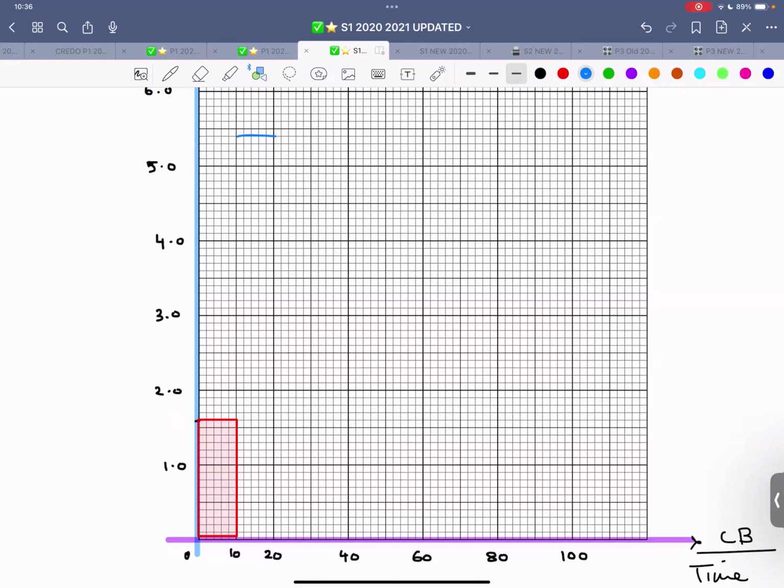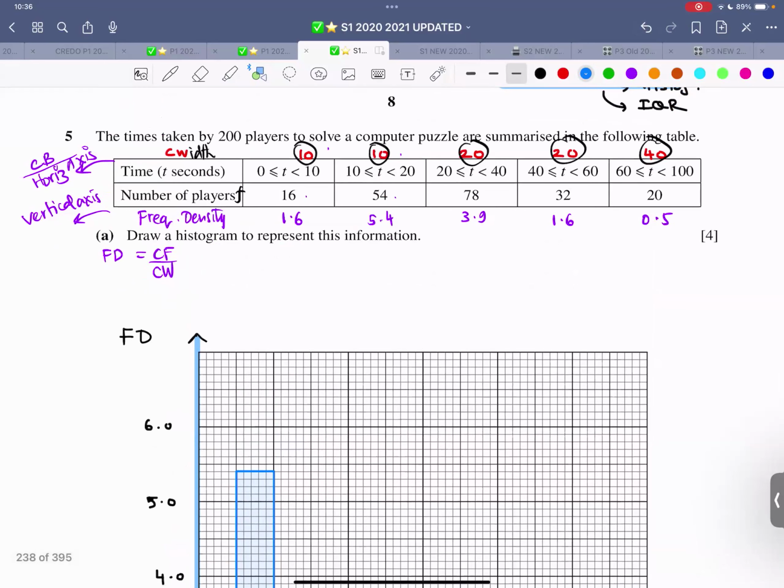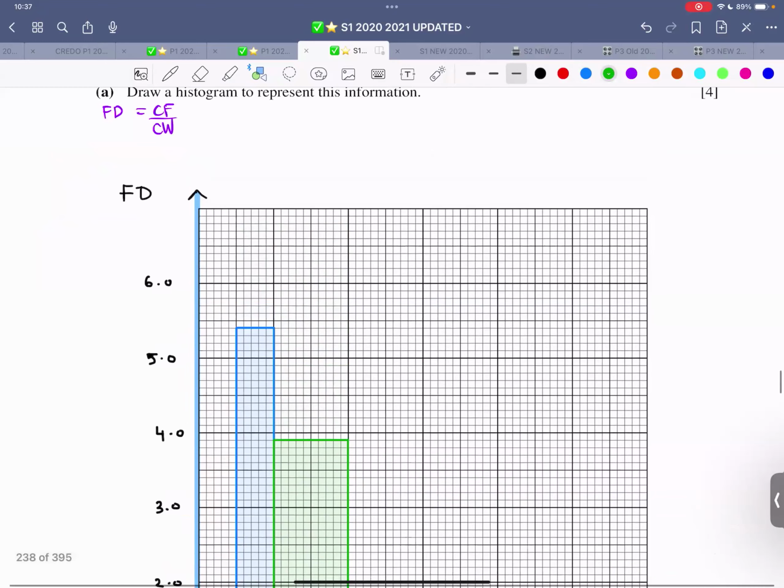Let's go all the way down. And keep in mind, I don't have a ruler. So that's how the second bar is drawn. Then we have 20 till 40, that is 3.9. That is the third one. Okay, so I've drawn 3 bars. You can draw the rest.